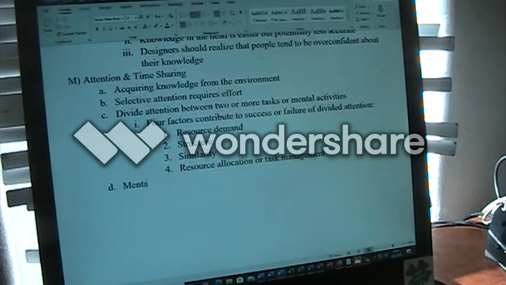So, mental effort and resource demand. People in general are effort conserving.